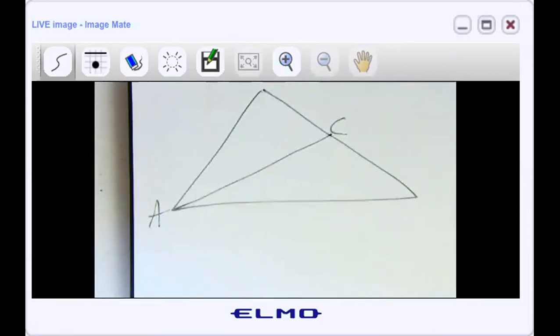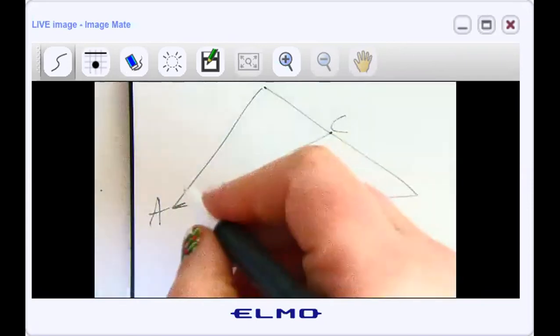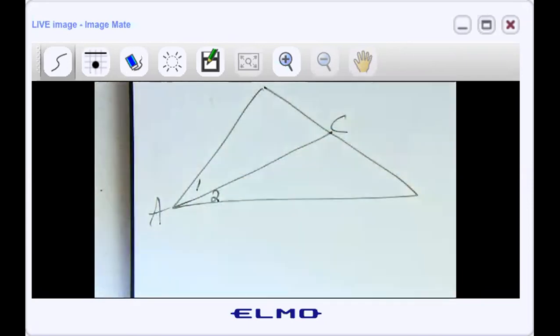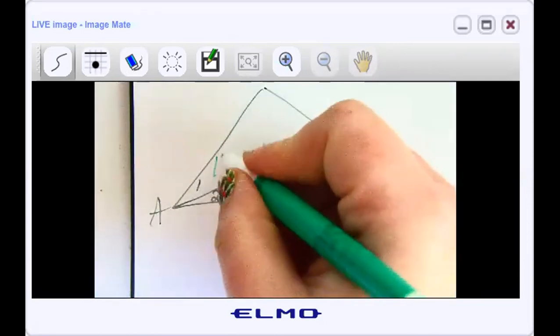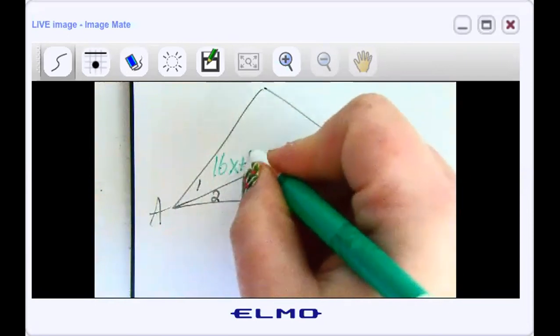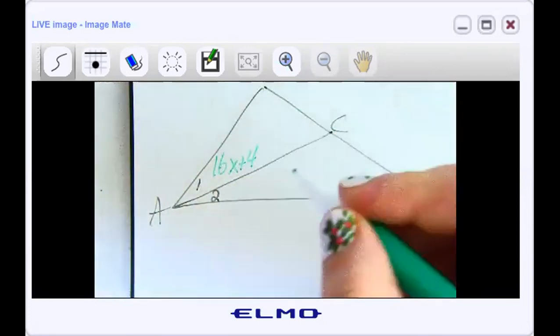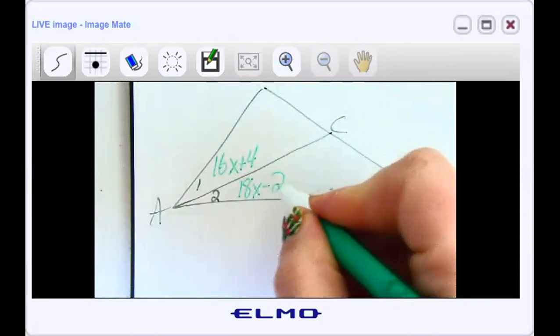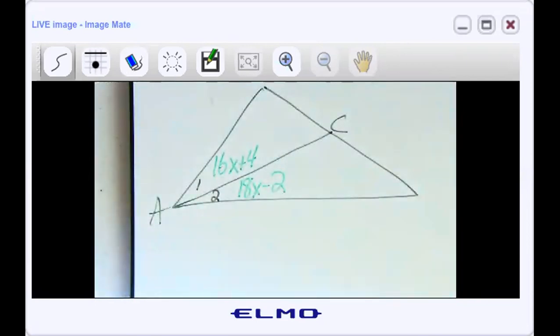All right, so for this particular one, let's say we had angles 1 and 2, and I told you that angle 1 was 16x plus 4, and angle 2 was 18x minus 2. Can you please find me the value of x?